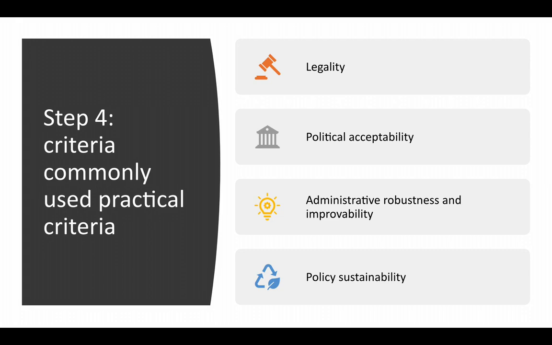And also you need to consider political acceptability. Now, especially in the United States, you have Democrats, you have Republicans, and basically they can't agree with each other on anything, right? So if you can't create something bipartisan, then it's probably very hard for you to gain political acceptability, right? You need to consider whether or not it will be accepted. And also you need to consider the administrative robustness, right? Whether or not the current administrative system can implement it efficiently if this is the policy alternative you are choosing.